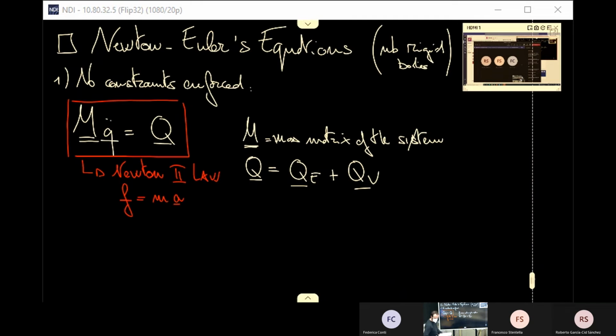Something like this. In fact, that's part of the reason for which we call these equations Newton-Euler's equation, because this first equation, which in this case is the only one, is ascribable to Newton.